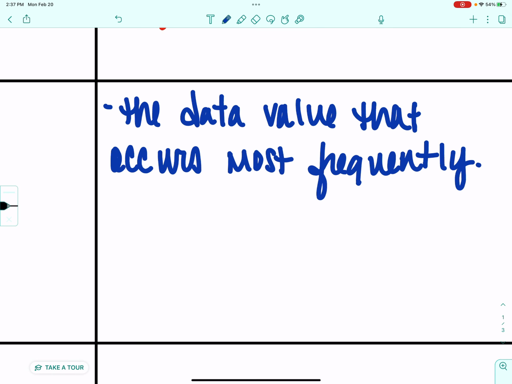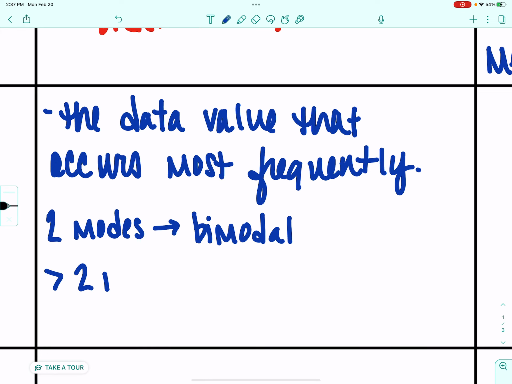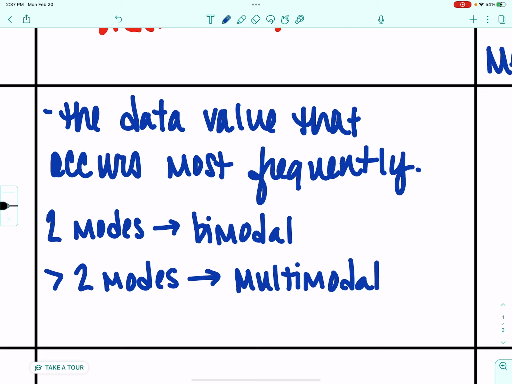If you have two modes, they both count, and your set is said to be bimodal. If you have more than two modes, which is possible, we say that set is multimodal.